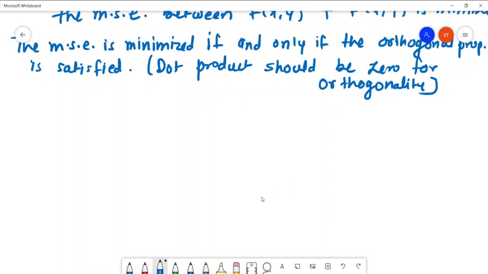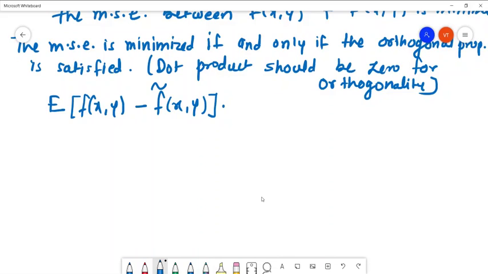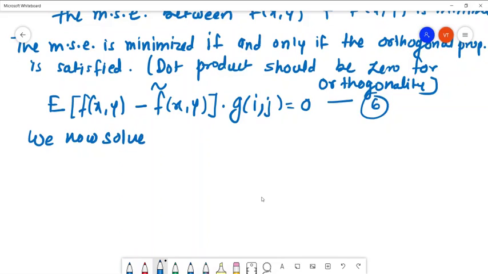So which can be represented as f(x, y) minus f tilde(x, y) dot g(i, j) equal to 0. We now solve this equation.